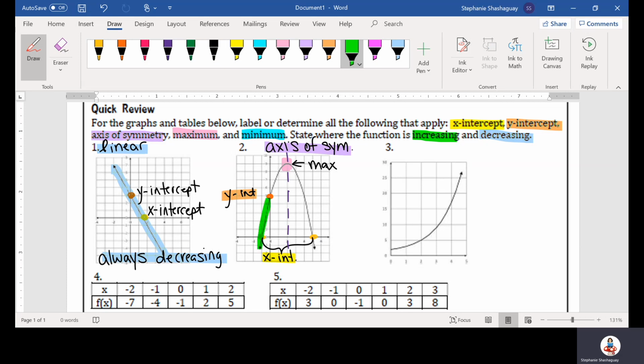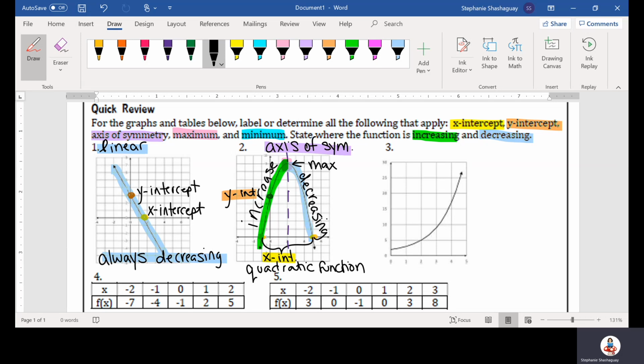Well, this function is increasing at that point from, and on the other half, once it hits the vertex, the maximum value, then it starts to decrease. And again, this is a quadratic function, and we should know that by now. That's why we have a parabola.